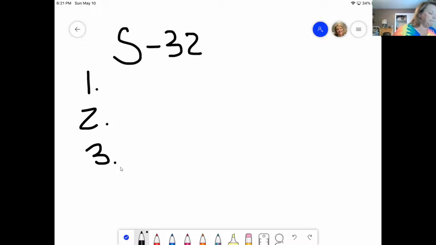So number 1, the atomic number of sulfur 32. The only way we can get the atomic number is to go to the periodic table. Find sulfur. Sulfur is one of the 5 main group nonmetals that we've talked about. And you look at sulfur, and it tells you that sulfur is sulfur because it has an atomic number of 16.